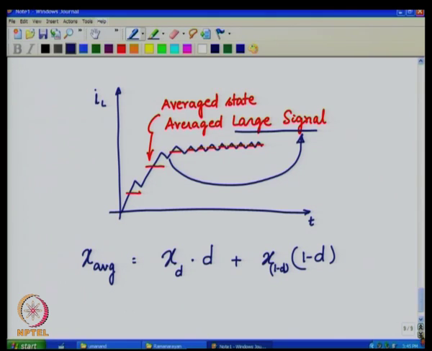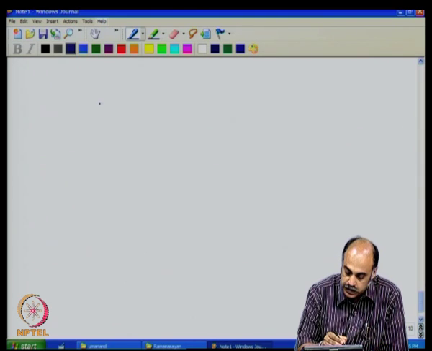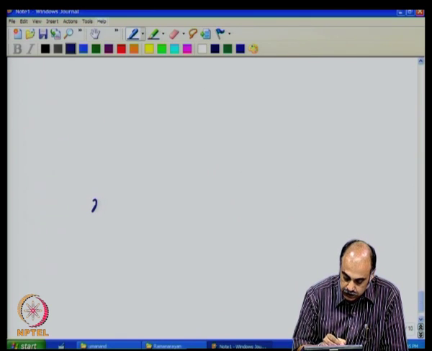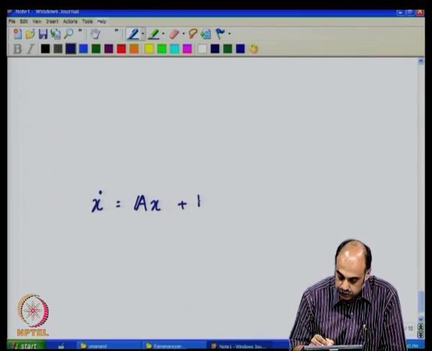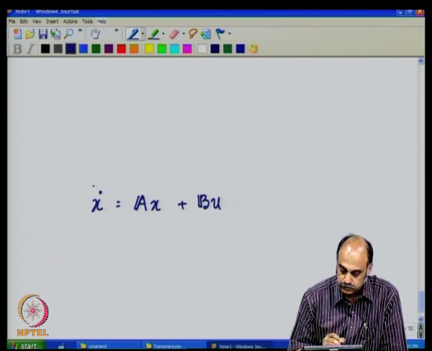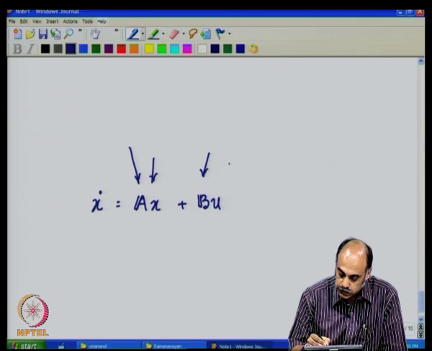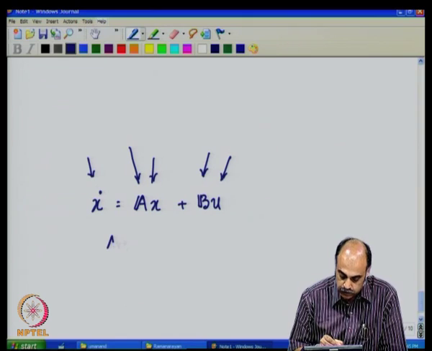Okay. So, from these two models, what we do is obtain a new state representation x dot, which is equal to a x plus b u, where each corresponds to the averaged value, called the averaged large signal model.